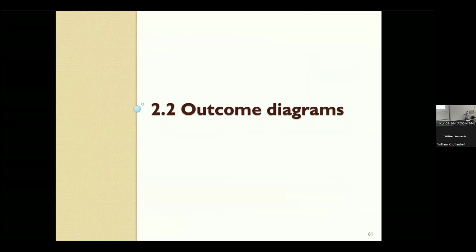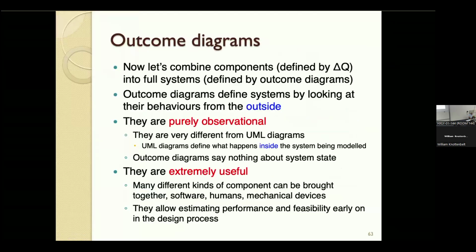Now we get into the real meat of the approach, where we're looking at outcome diagrams and designing with outcome diagrams. Now we're going to combine components, not just connecting them sequentially, but combining them into full systems with non-trivial systems behavior. In order to do this, you have to be very careful about what an outcome diagram is.